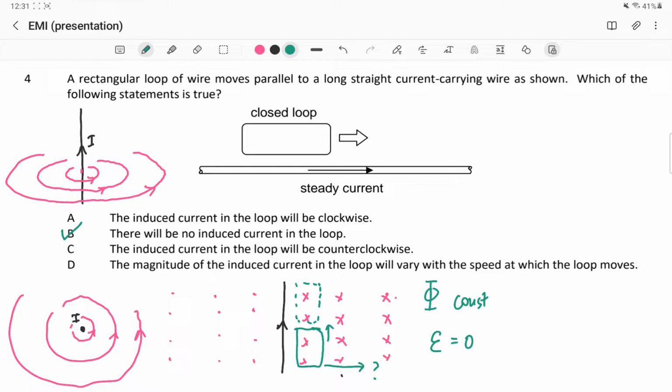So if the wire coil actually moves away from the wire, the number of lines going into the coil, which is the flux linkage, will decrease. So the induced current will try to flow so as to oppose the decrease in the lines going into the page. So the induced current, using your right hand grip rule, will try to flow in a clockwise manner.